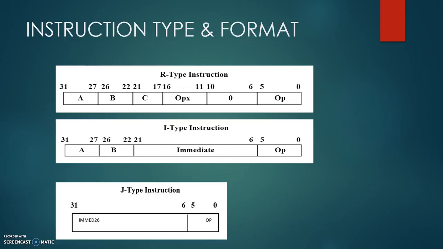The various I-type instructions are differentiated on the basis of opcode as they are different for different instructions. The J-type instruction is used for jump operations. The immediate field provides the displacement offset to jump to the required location. The branch address generator adds this offset to the next address and comes up with a new address.